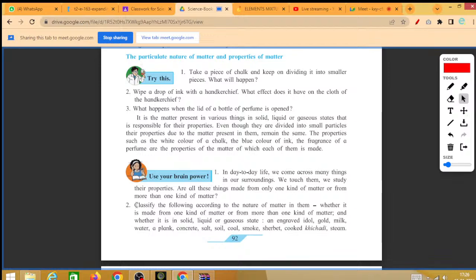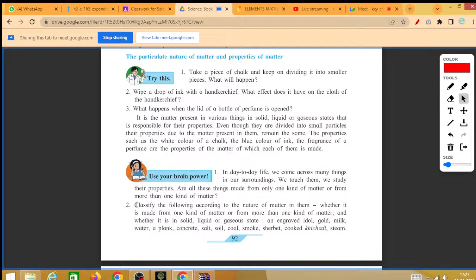Next, Anjali. Cooked khichdi. One or more? Let Anjali say. खिचड़ी में एक चीज होती है या ज्यादा? More. Solid or liquid or gas? More तो ठीक है, मगर क्या है?